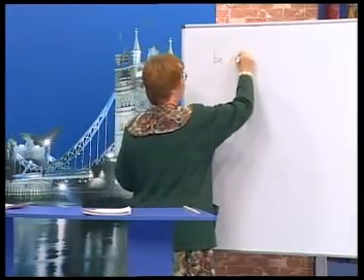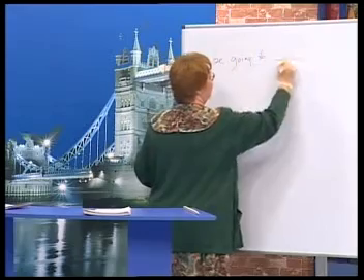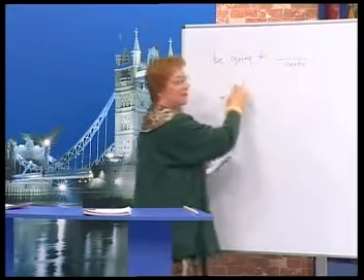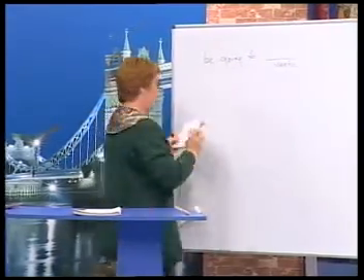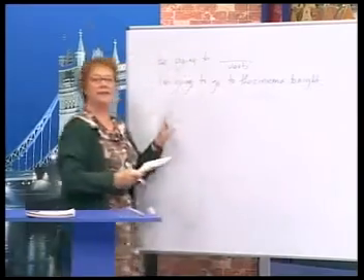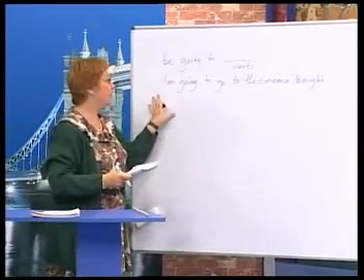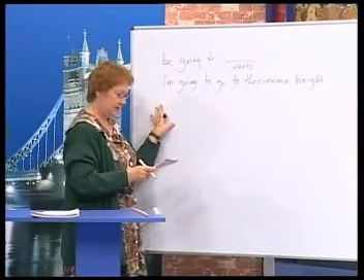Be, going to, verb. These are for plans. Some examples are, I'm going to go to the cinema tonight. This is my plan, okay? I'm going to go to the cinema tonight.